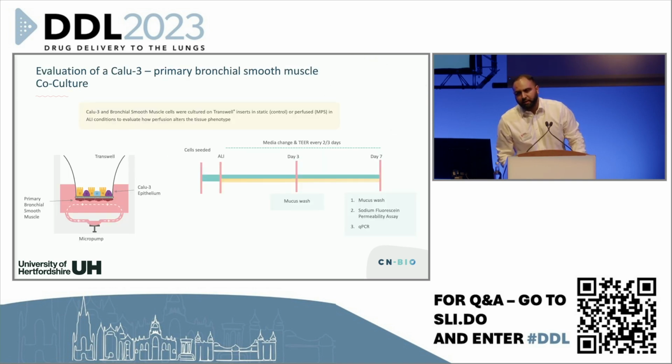So now that we have an epithelial model and we've evaluated the effect of perfusion, the next step is to add that smooth muscle layer in so we can start having that crosstalk. We seeded the smooth muscle cells on the basolateral side of the same transwell as the Calu-3 and cultured them together for 7 days in ALI conditions, again with the perfusion and without the perfusion.